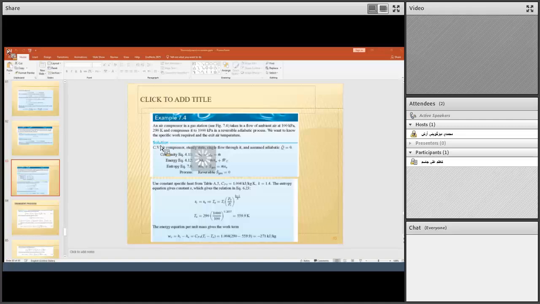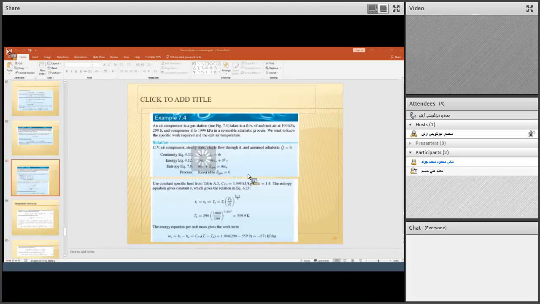What we have: the air compressor is a control volume with a single inlet and single outlet. According to the problem, this process is adiabatic, so the rate of heat transfer is equal to 0. We have the continuity equation, which means that the mass flow rate at inlet equals the mass flow rate at outlet.